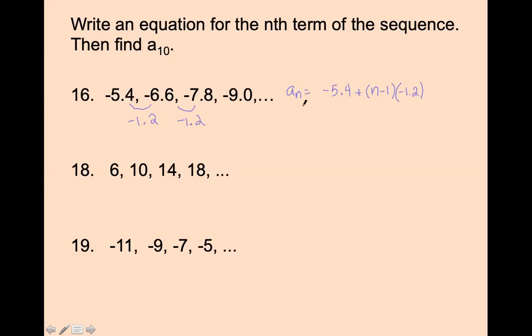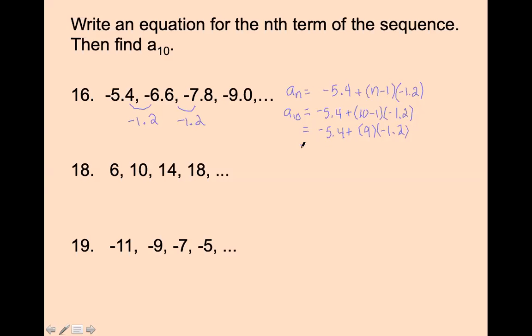To find the 10th term then, a sub 10 would be equal to negative 5.4 plus, and since it's the 10th term, we're replacing n with 10. And I'm going to keep simplifying. We have negative 5.4 plus 9 times negative 1.2.